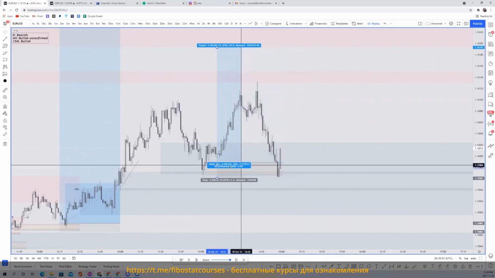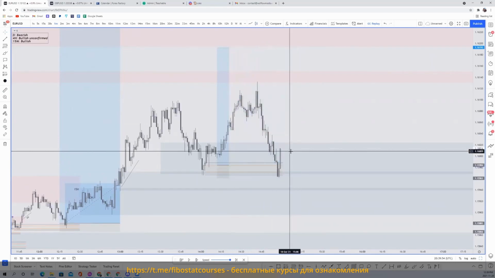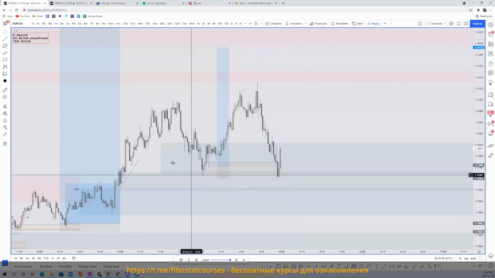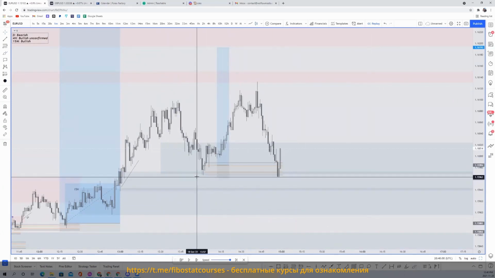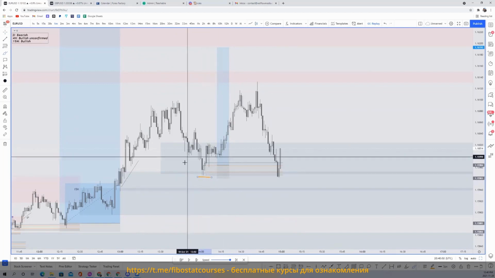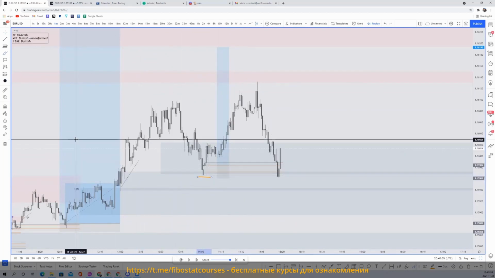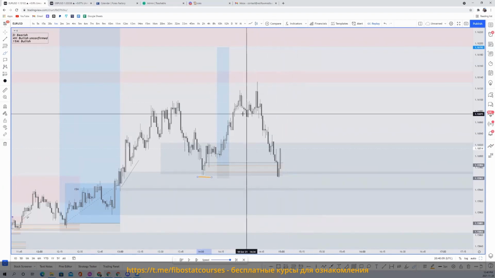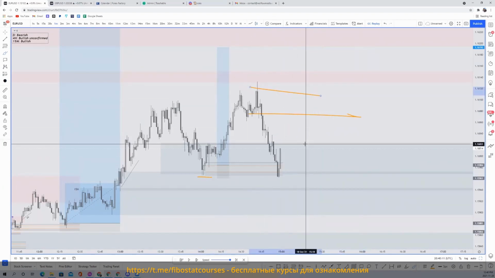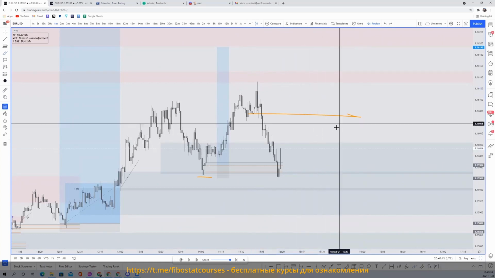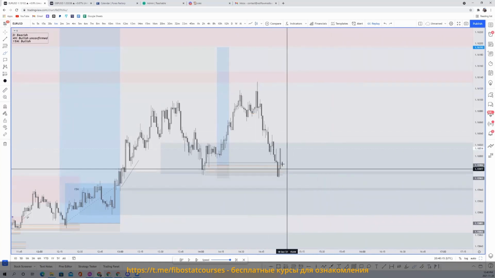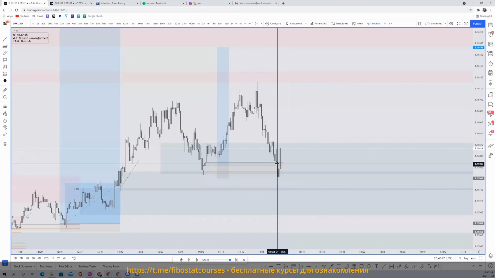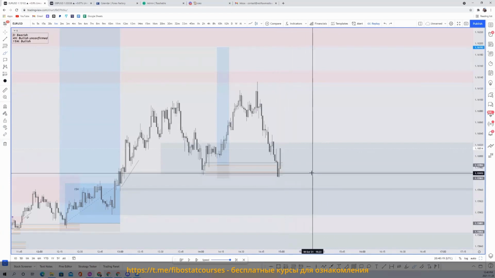That's totally fine. Something I want you to make note of, I disrespected the supply we pulled. We wicked below it. So that can mean one of two things. One, you might have a trade down from this supply, or two, it means absolutely nothing and demand's still in control and we're still looking for longs.